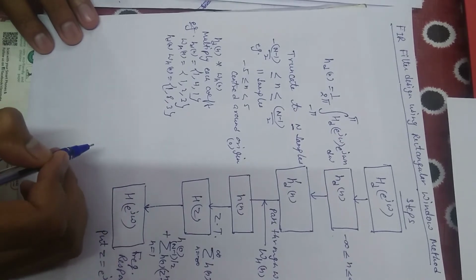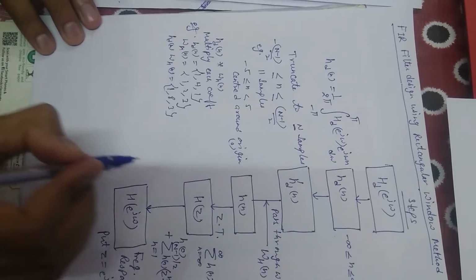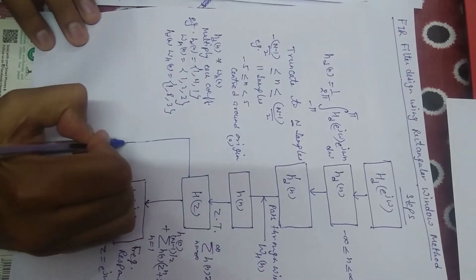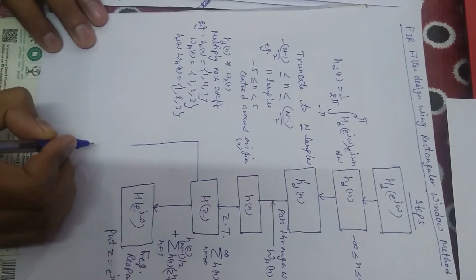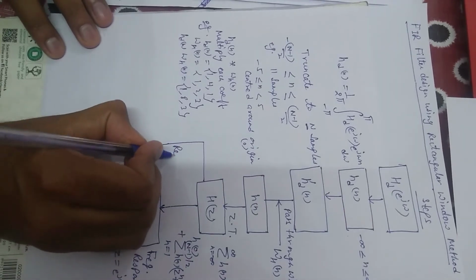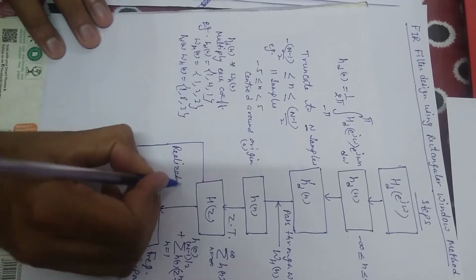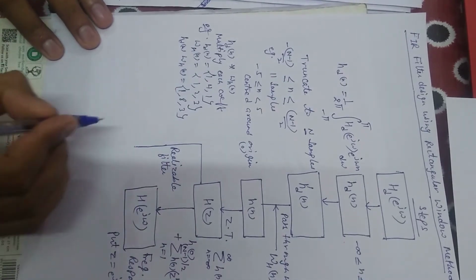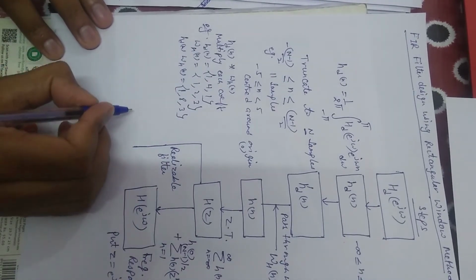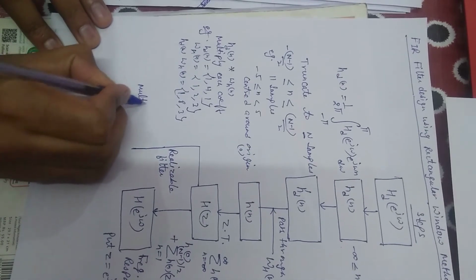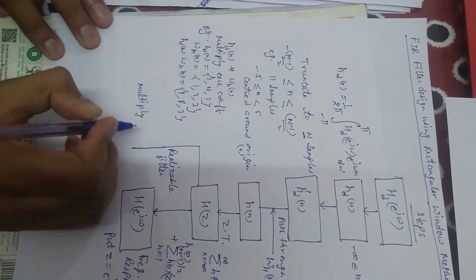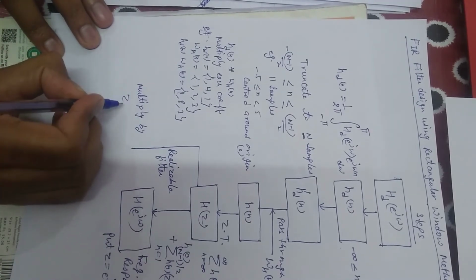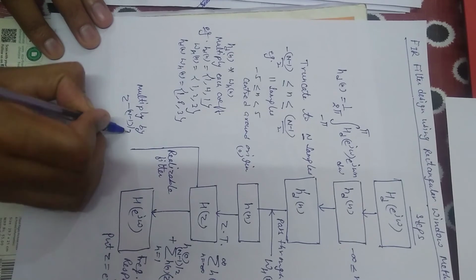Maybe we have to find the realizable filter. For that, we will multiply H(z) by z raised to power minus (N minus 1) by 2.